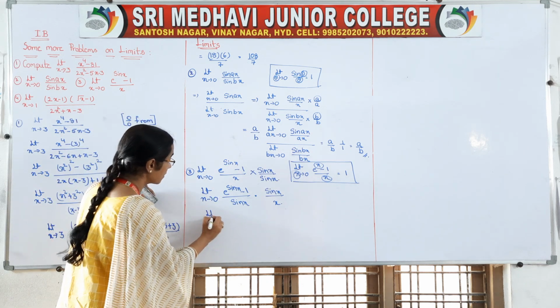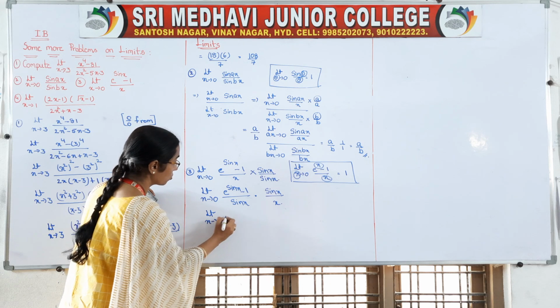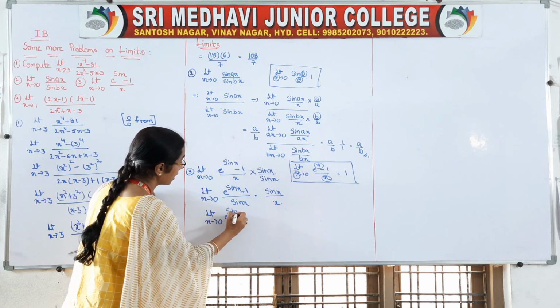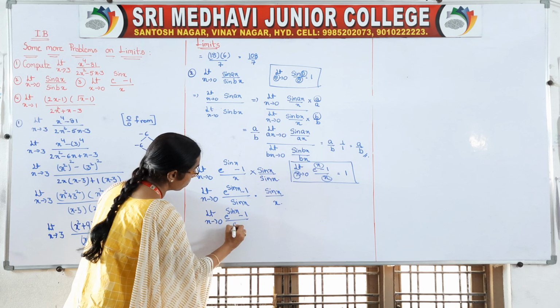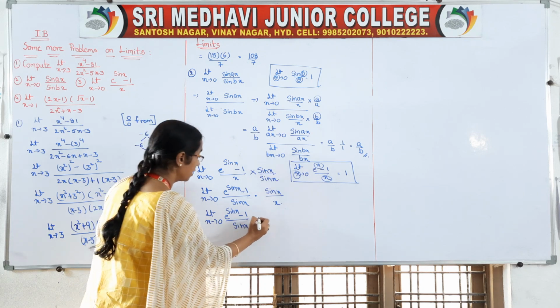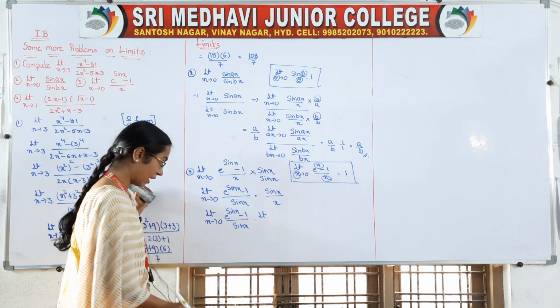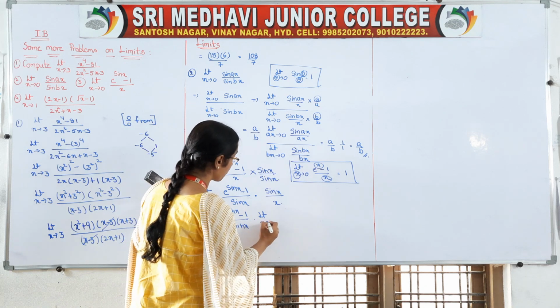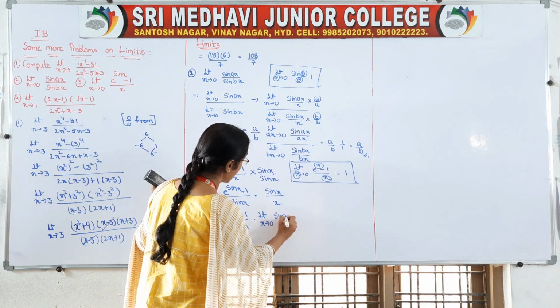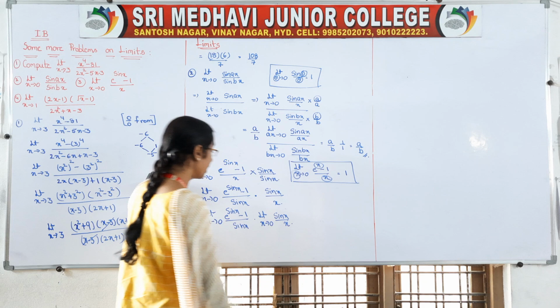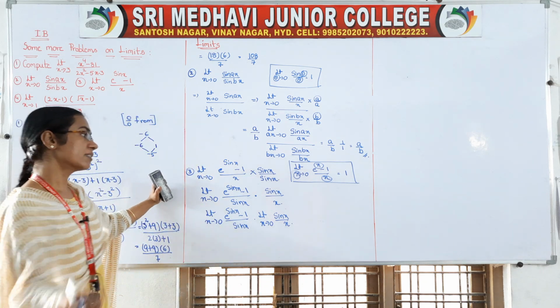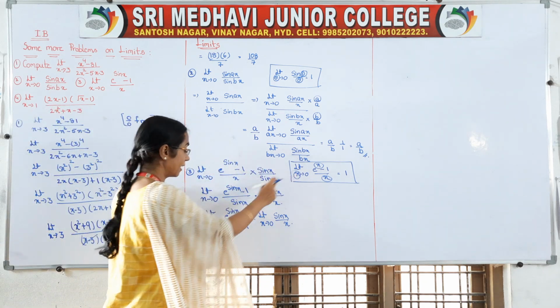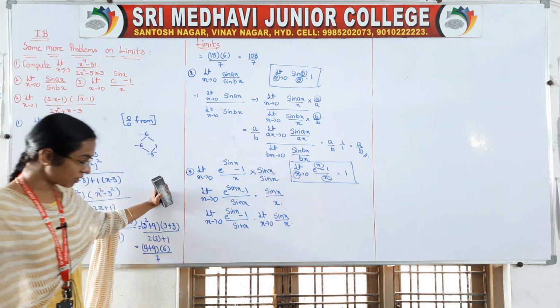So, what happens? Limit x tends to 0 of (e to the power of sin x minus 1) by sin x, into limit x tends to 0 of sin x by x. Okay. So, what I said, this term also must be same. So, power is in terms of sin x.